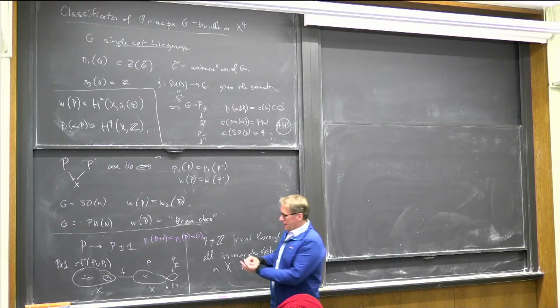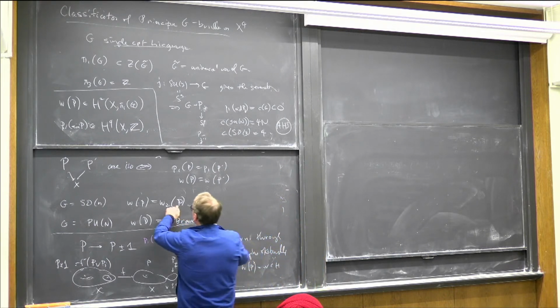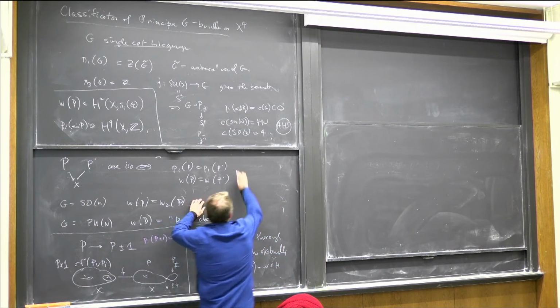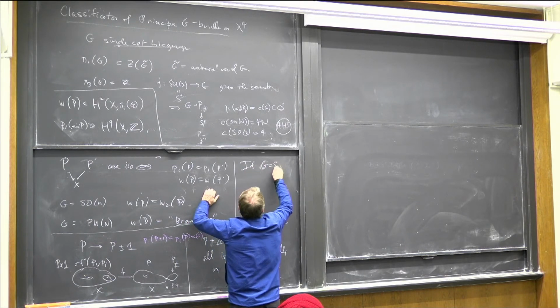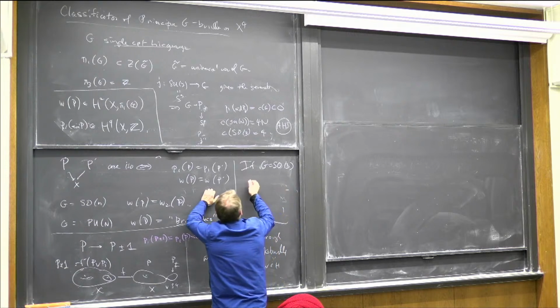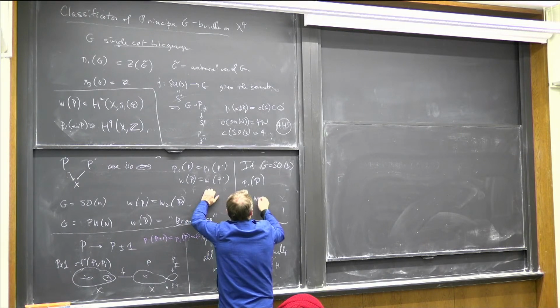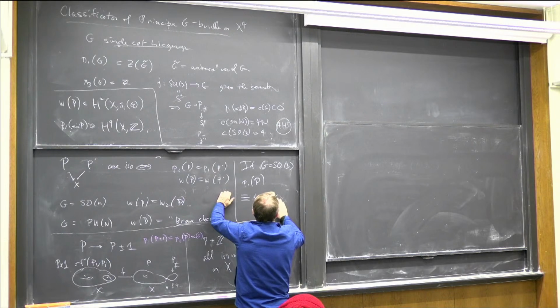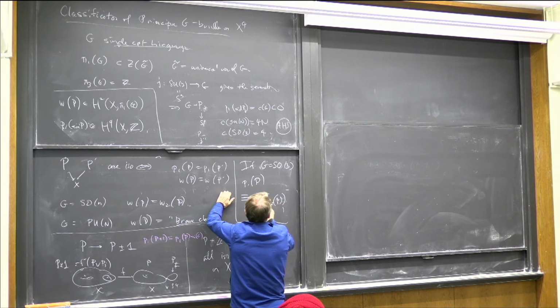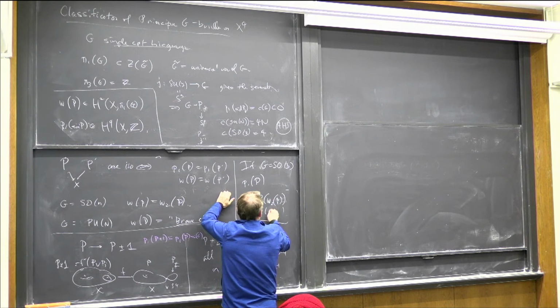If G is SO3, then P1 of P is congruent to the Pontryagin square of W2 of P mod 4.